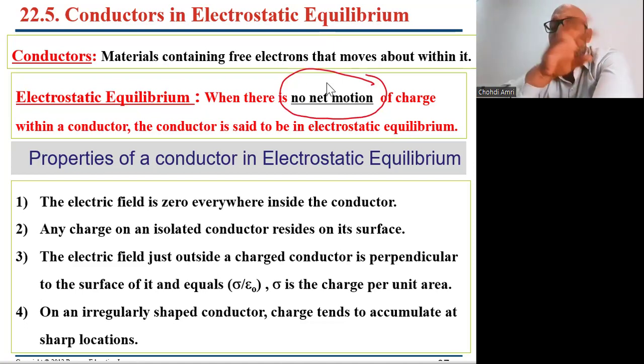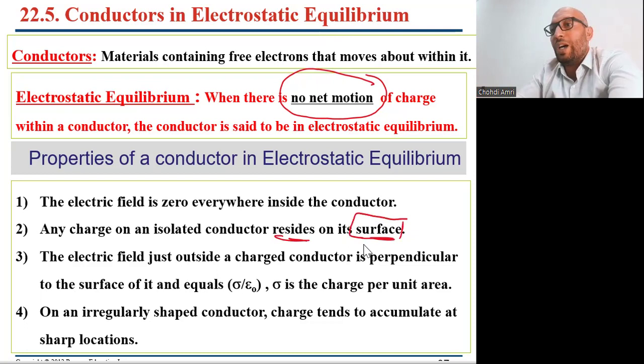It's similar to the case of the spherical shell. When we discussed the electric field inside the spherical shell, we said it's 0. Similarly here, the electric field just inside the conductor is 0. Why? Because any charge on an isolated conductor resides on the surface.